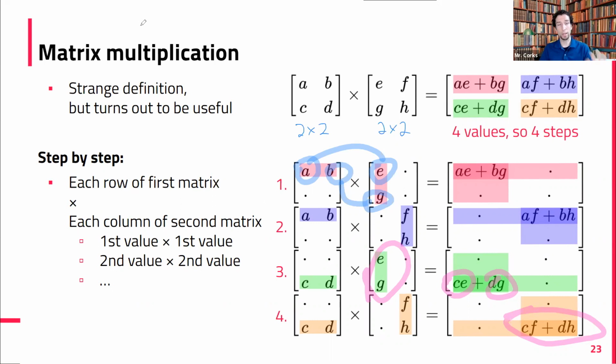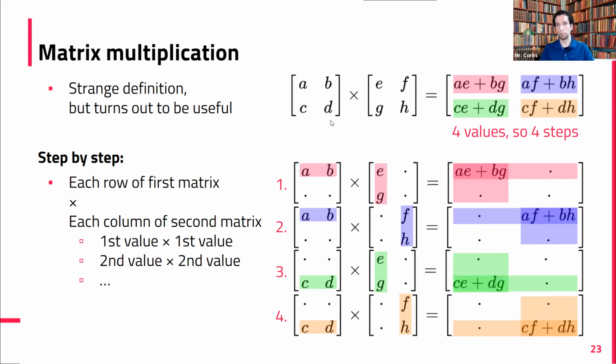So it's a lot of individual calculations that all get combined and end up as a somewhat small result. So we had lots of work to do to get this, but the result is just this 2x2 matrix with 4 values. Okay, so again, I know this might look a little weird.